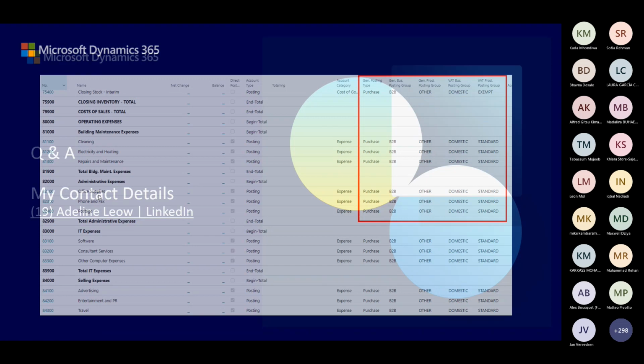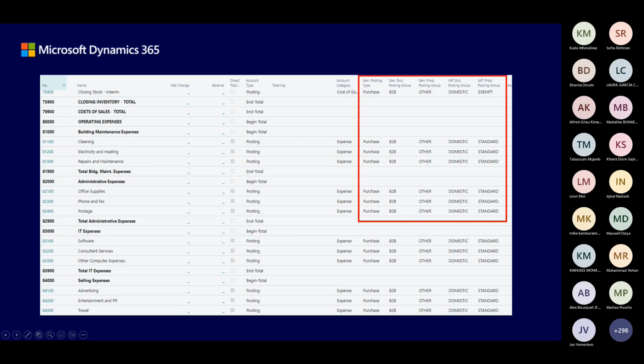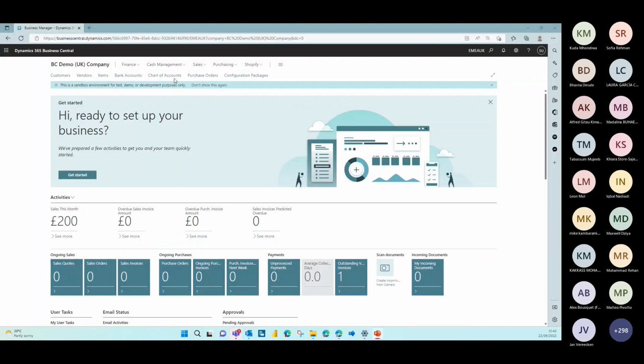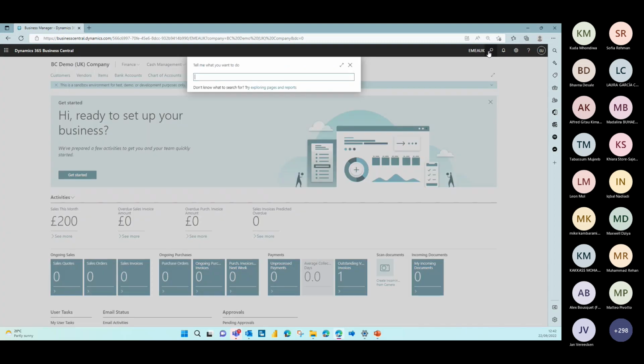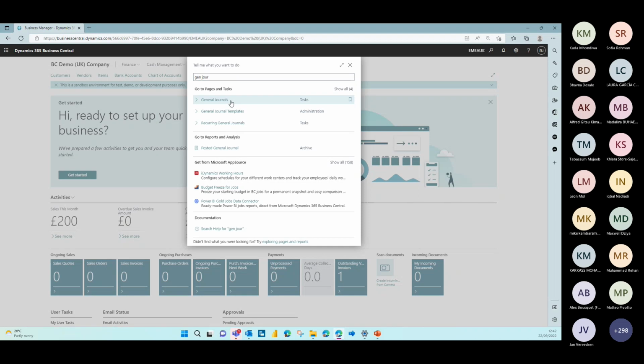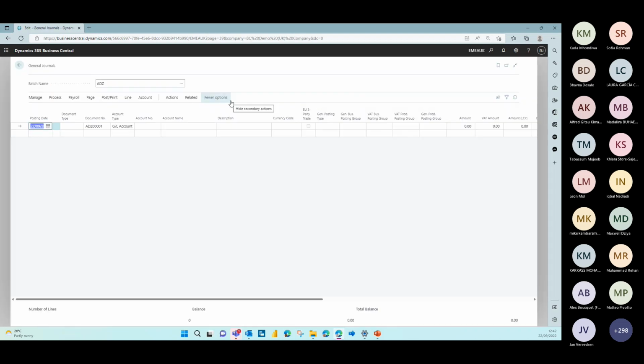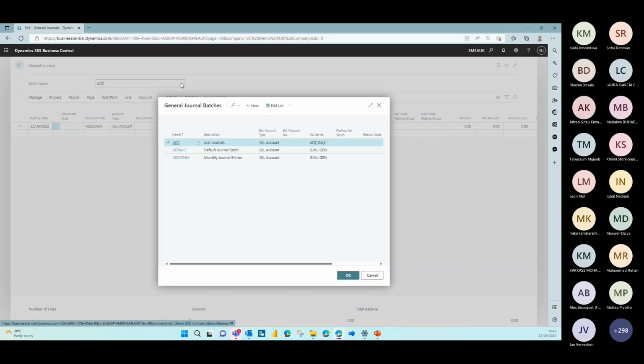Okay, so let's look at journals. So if I'm going to use general journals to post, for example. Now, the other thing for those of you who are very new to Business Central, I always encourage you to create a new batch with your own name or the user's name.